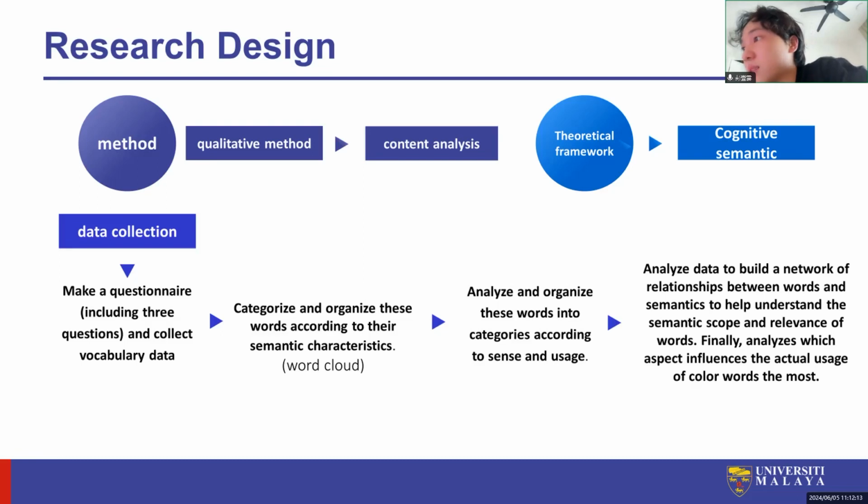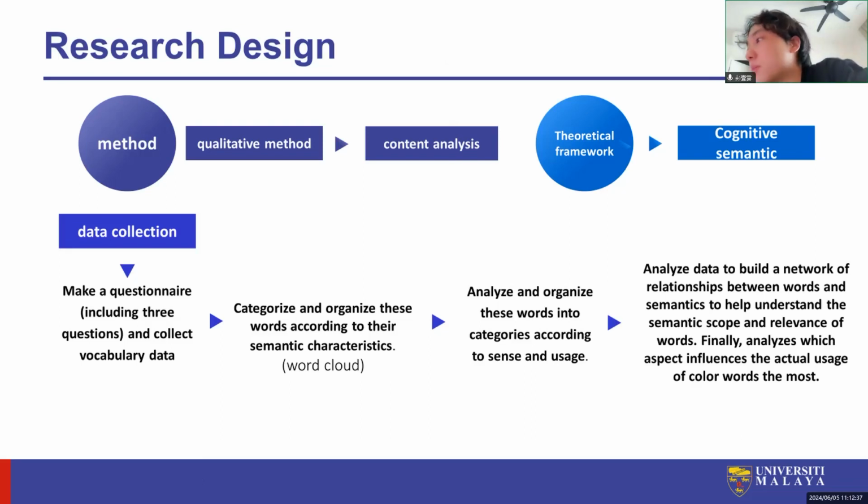categorize and organize those words according to their semantic characteristics. In this step, we're going to use a word cloud because I think this will make our research clearer. And then we're going to analyze and organize those words into categories according to their sense and usages.